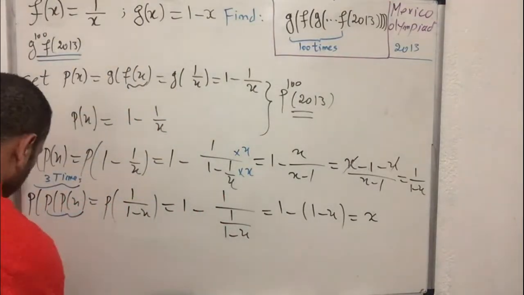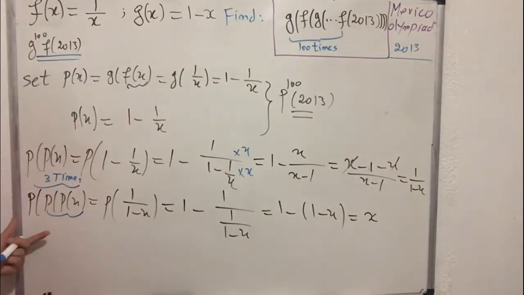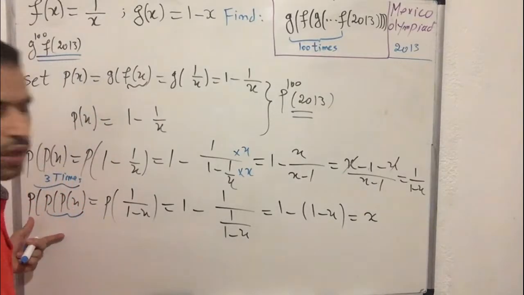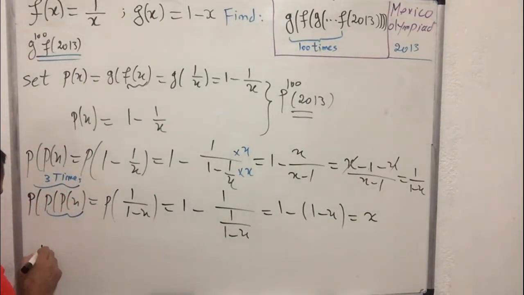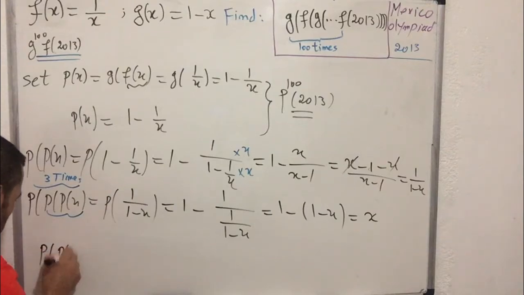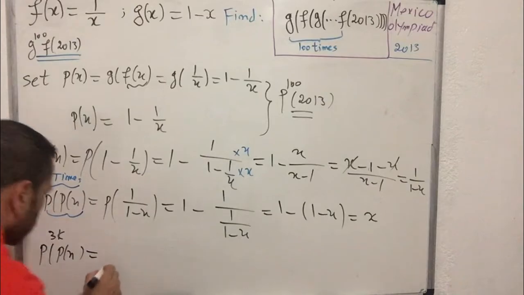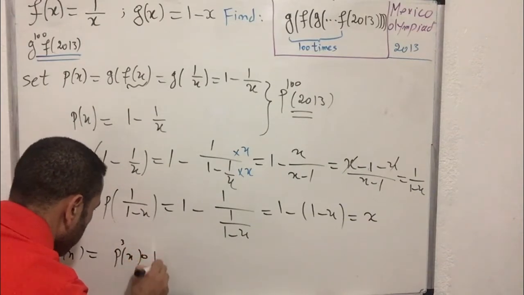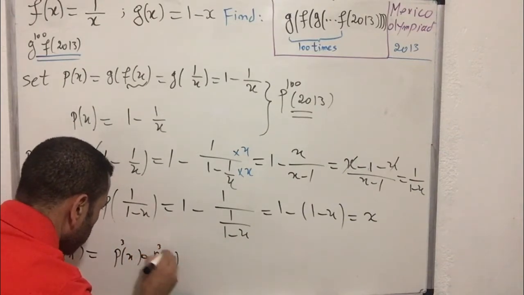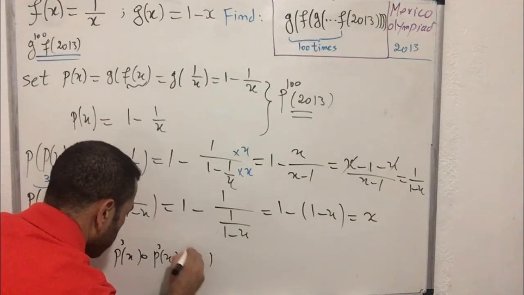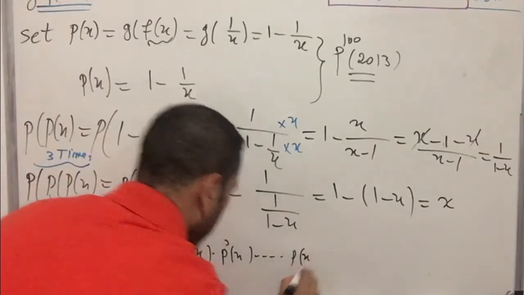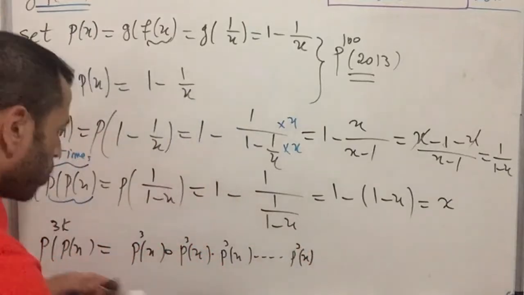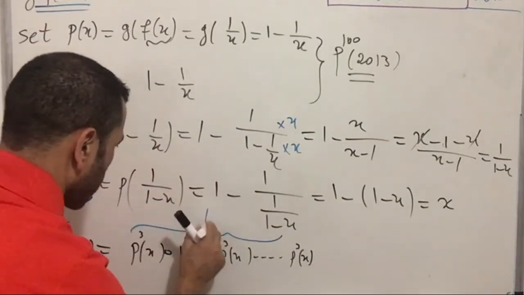In addition, I'm going to compose this function 3k times to see what it gives us. So p of x, 3k times, equals p of x 3 times composed with another p of x 3 times, and so on, all the way down. So this is composed k times.